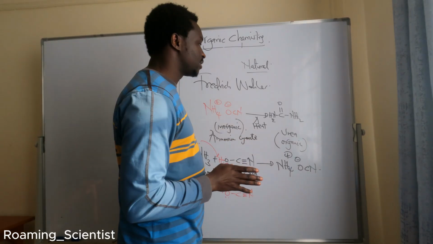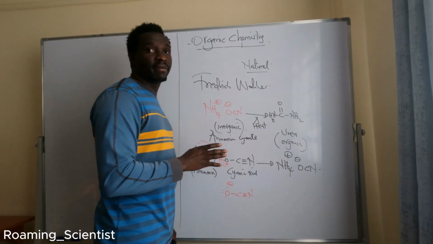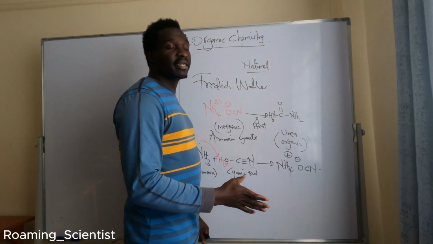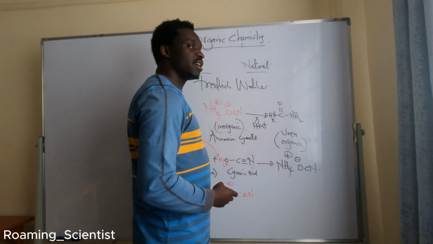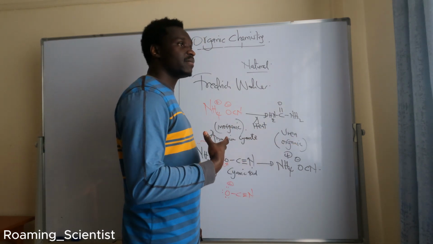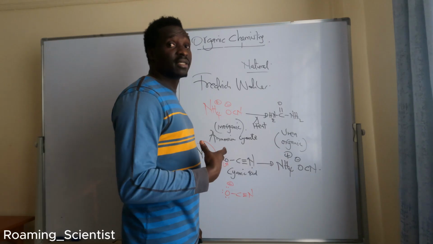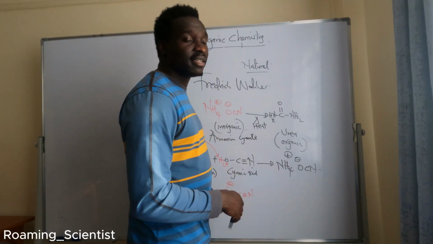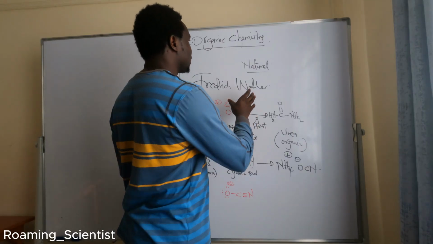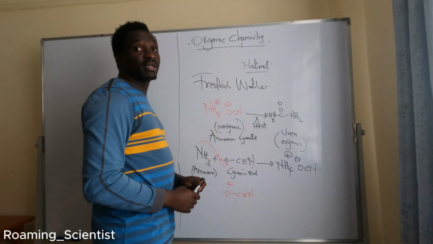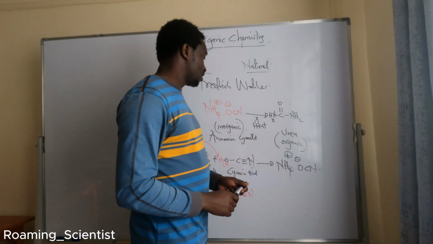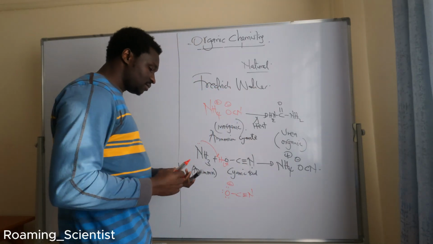Drugs like morphine exist in plants, yes, but how can we get them in the proportions that we need to be useful to humans? So that's where organic synthesis comes in, which we'll look at in our subsequent tutorials.